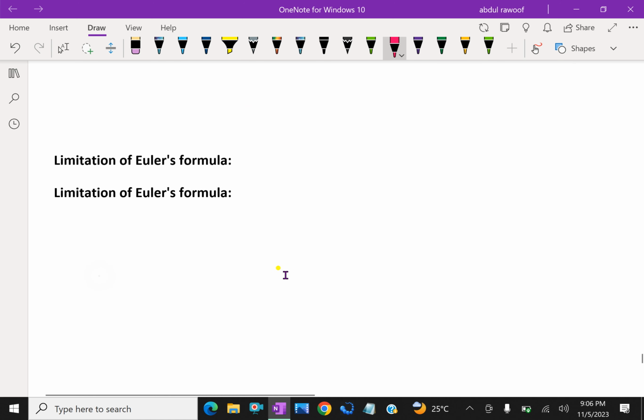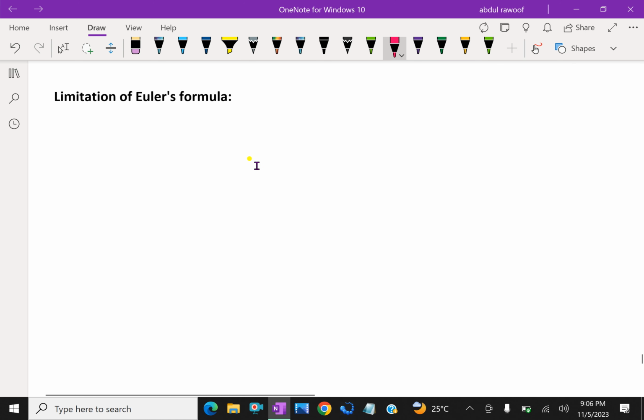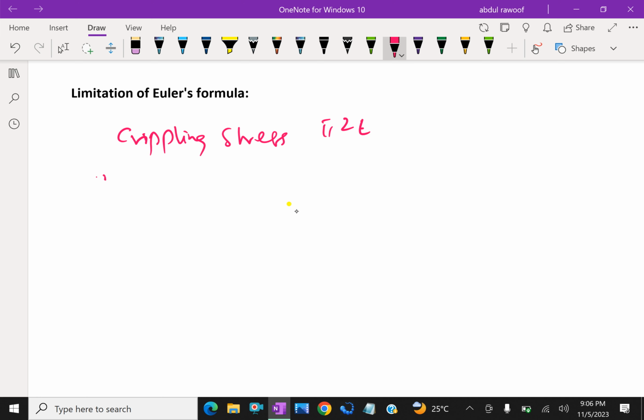Now, next is limitation of Euler's formula. Look at this. Here, the crippling stress, we know, is pi squared E over LE by K the square.